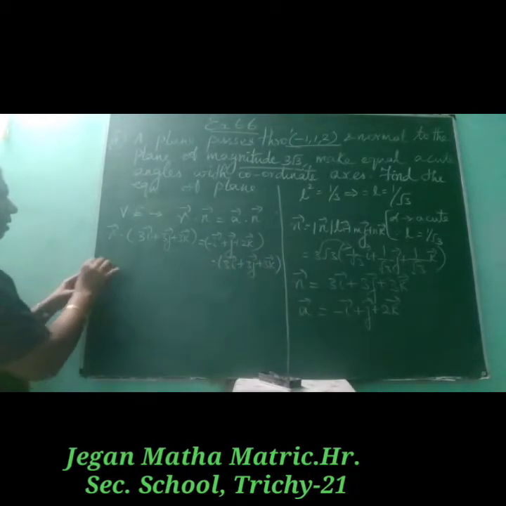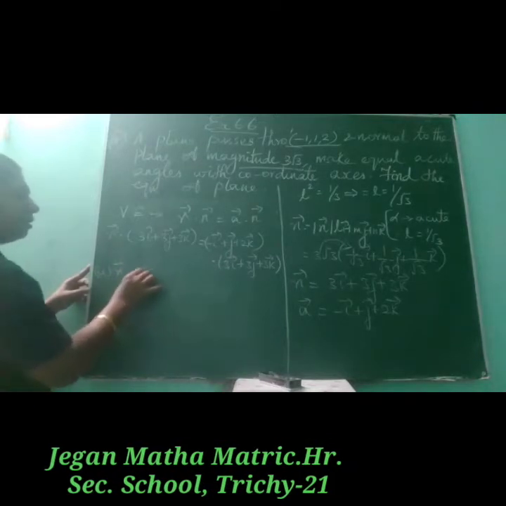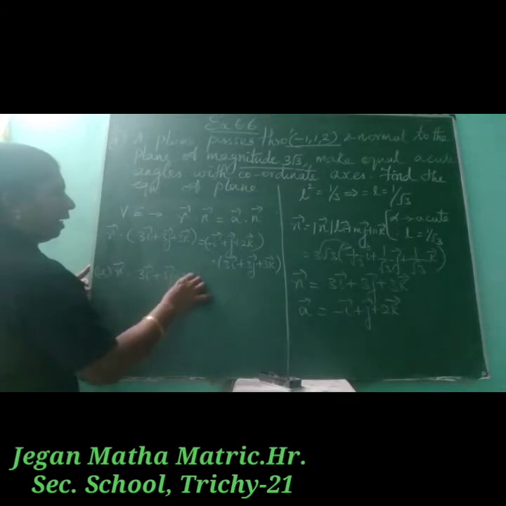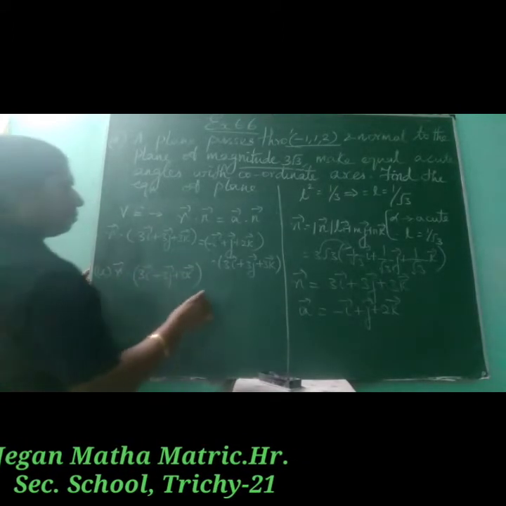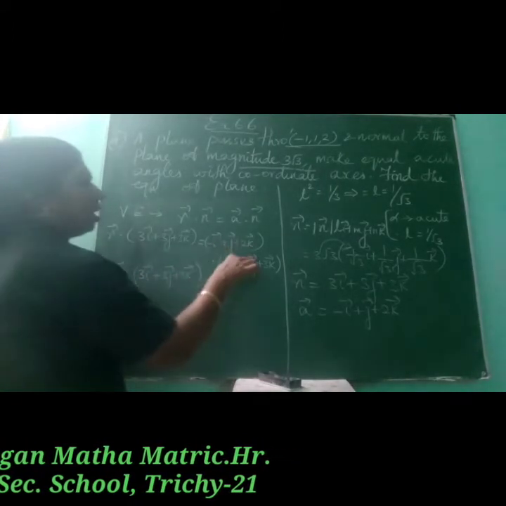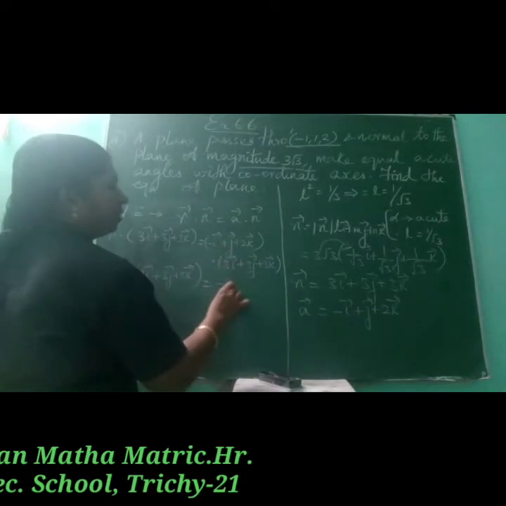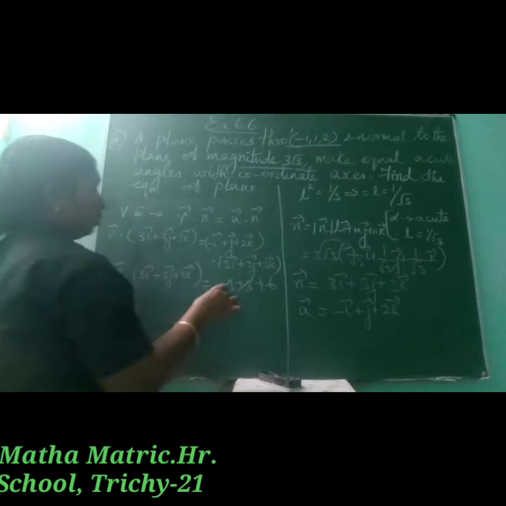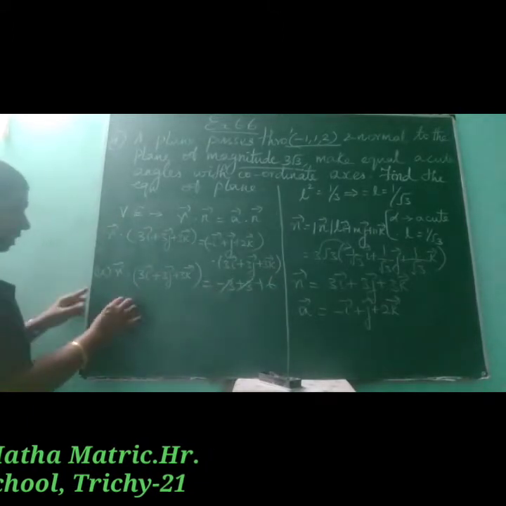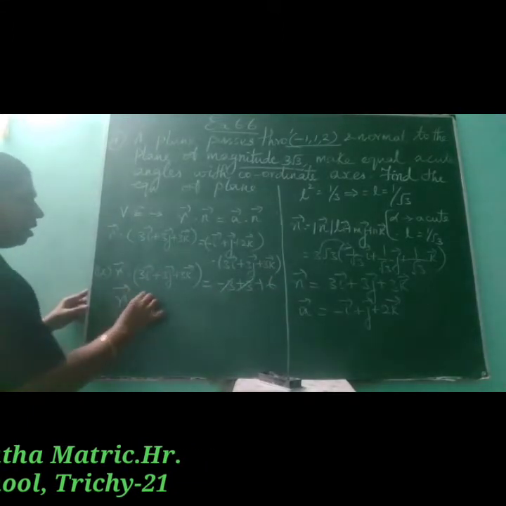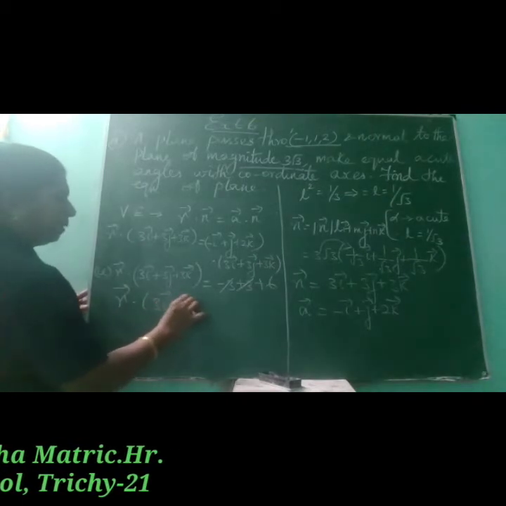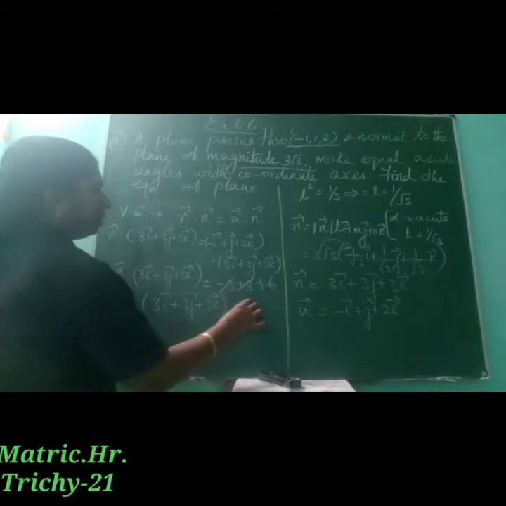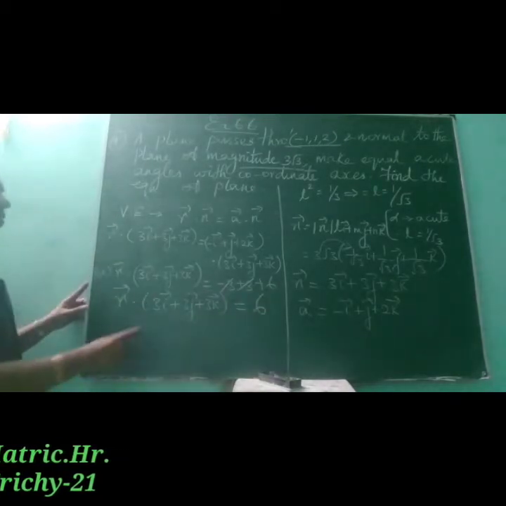That is, r dot 3i plus 3j plus 3k equal to the dot product of these two, minus 3 plus 3 plus 6. So the required vector equation is r dot 3i plus 3j plus 3k equal to 6.